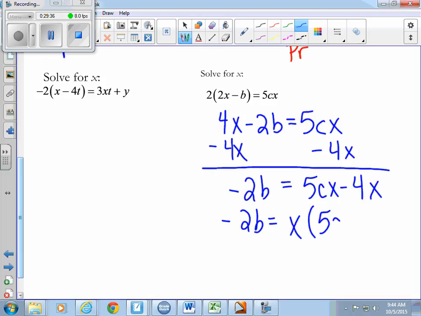So once you get all the x's on the same side, if it's only a plain x, which these problems will be, no squares or cubes or anything, you'll factor that x out. And then what's the last step to get x by itself?